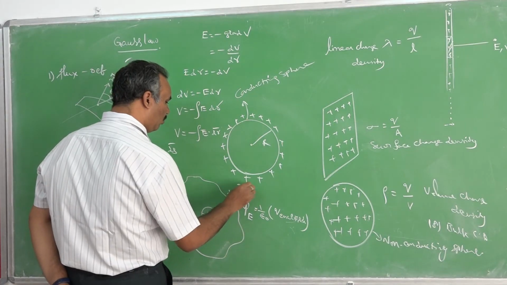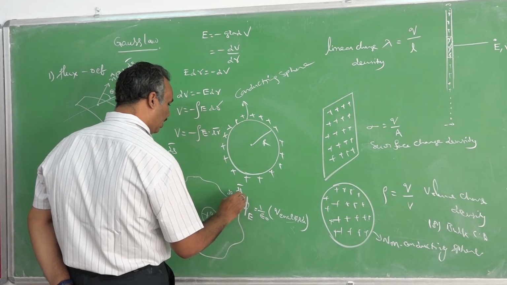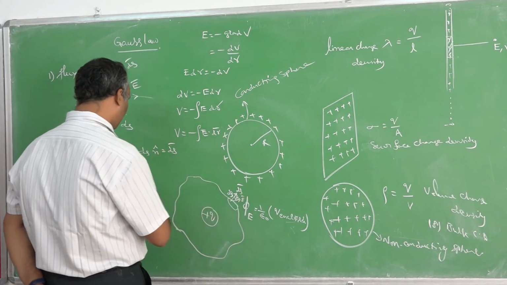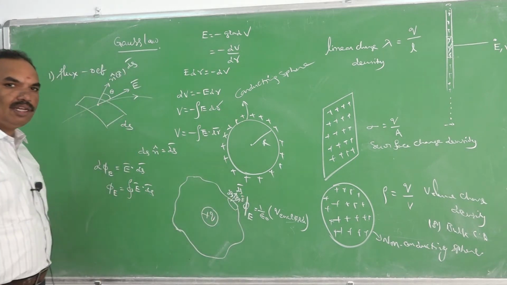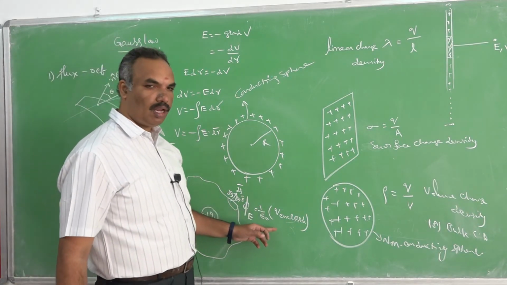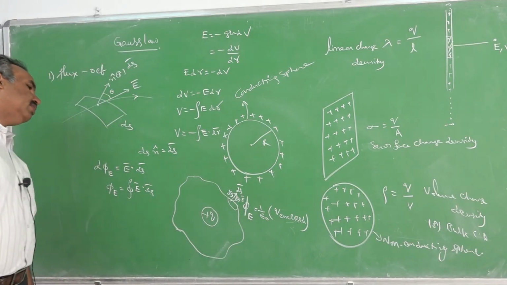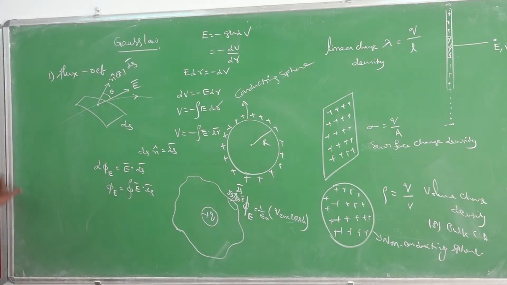So you will have ds bar, you may have E bar like this, you may have theta like this, you may calculate E bar dot ds bar and you should take the closed integral. Then you will get the flux. That flux value is equal to 1 by epsilon naught times the charge enclosed within the surface.